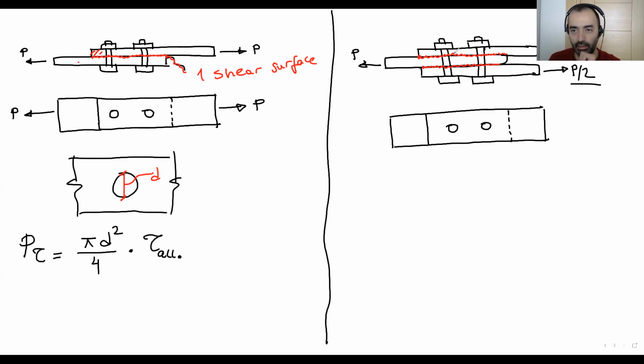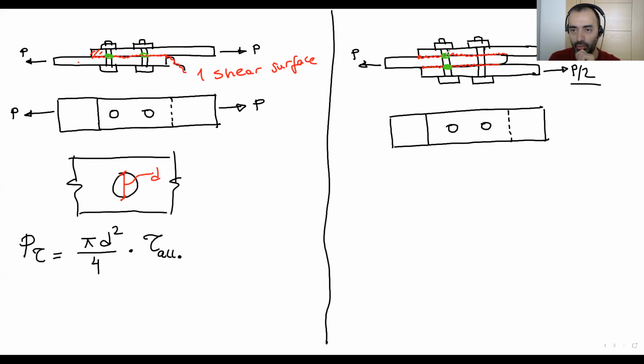One area means here we have a circular area, no? This area works for shear, for one bolt. But in the second example, we have a shear surface here and one more here.